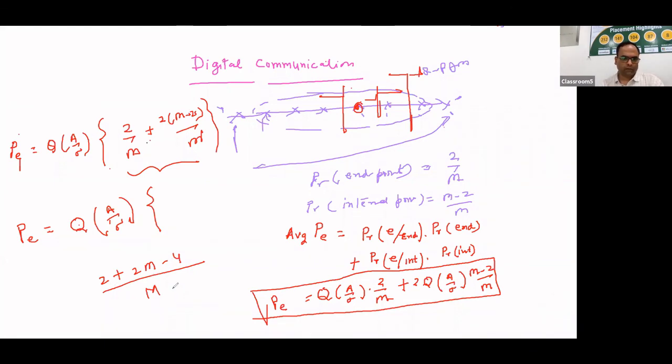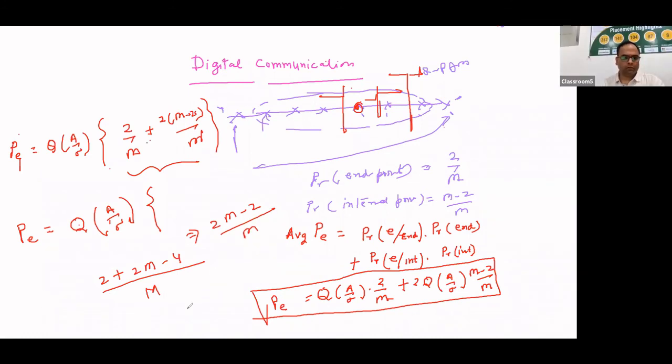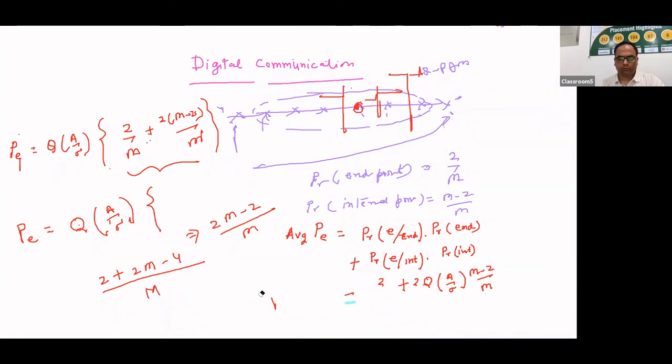So we can go to (2M−2)/M. Yes. So we can write down probability of error of PAM can be equal to (2M−1)/M times Q(A/σ), right?